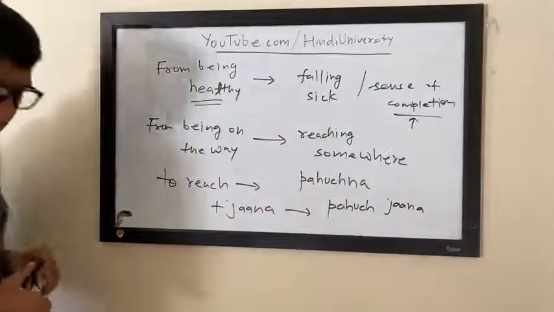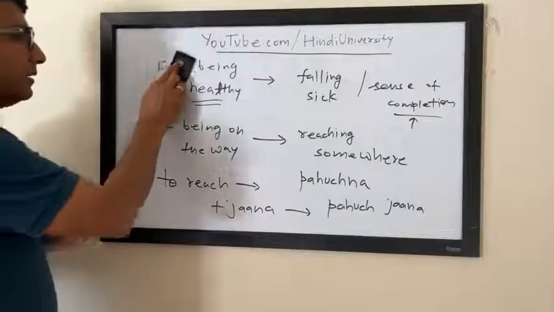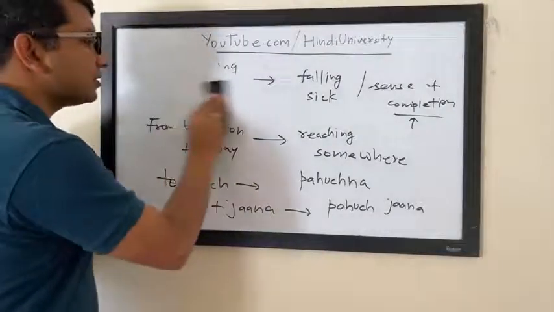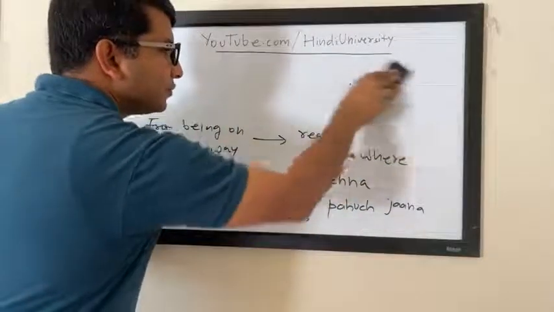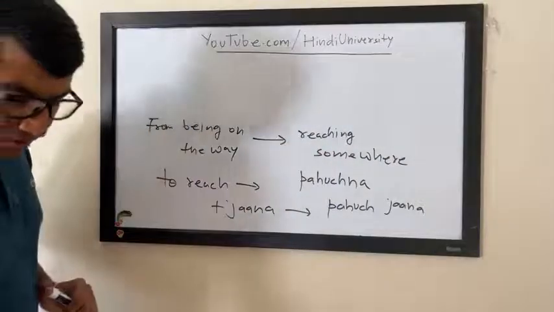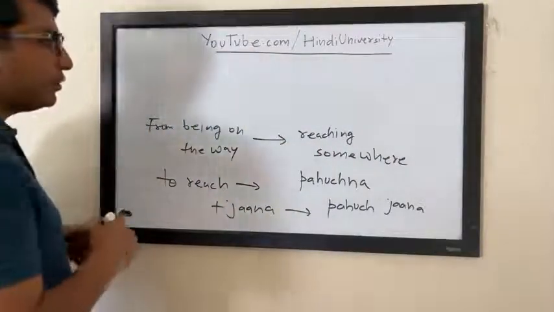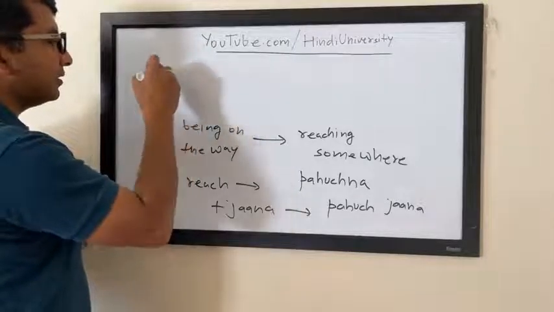Okay, so let's say tomorrow you have a flight, and you will reach New York at 3 p.m. tomorrow. Future tense. Which form of jana will you use? कल मैं 3 बजे न्यूयॉर्क. Let me write it down.